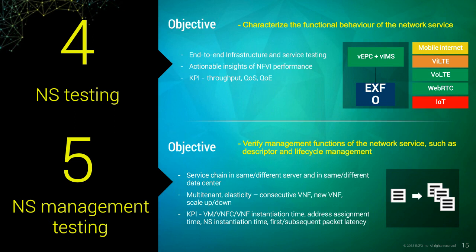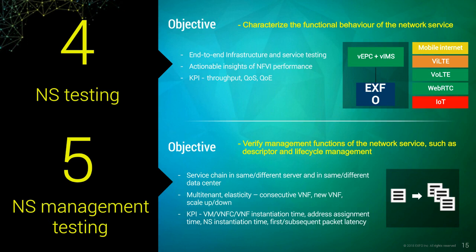I'll give you an example of why I say it is very complex. When you're defining the network service, you can define all the VNFs on the same server or on multiple servers. In some cases, some VNFs in the network service are defined in one data center and other VNFs in another data center. And that's quite common.